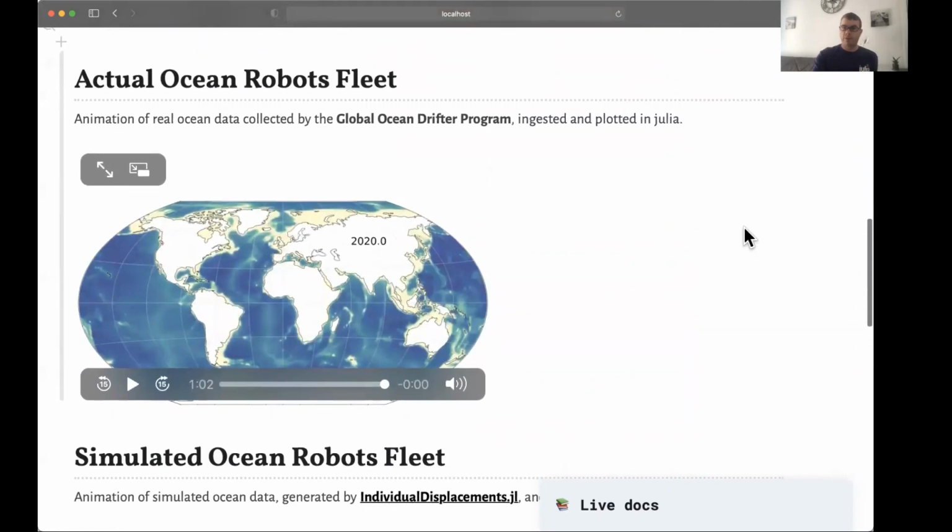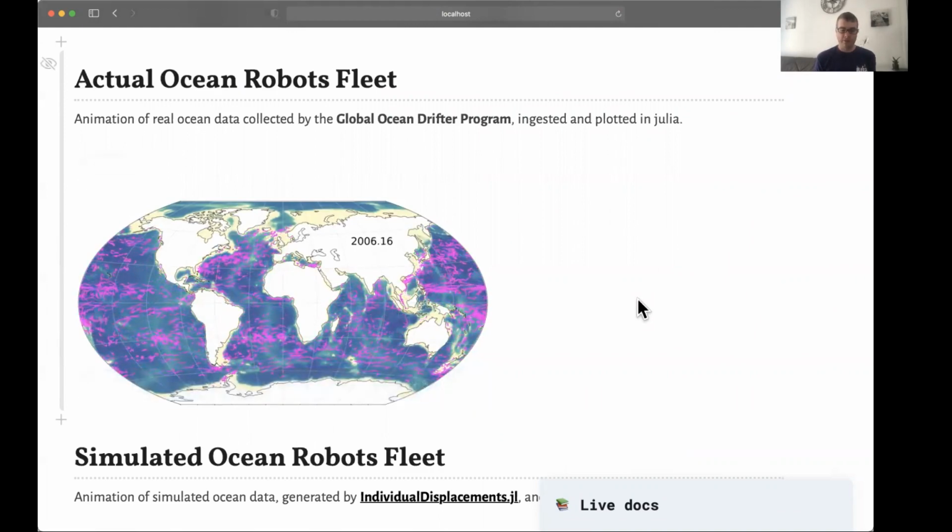Here is another example. In this case, an animation of real data collected in the field by actual so-called surface drifters. These are quasi two-dimensional and stay near the surface as they have some floatability.